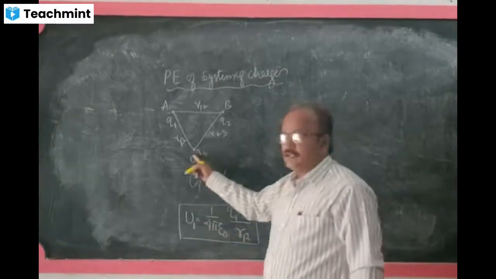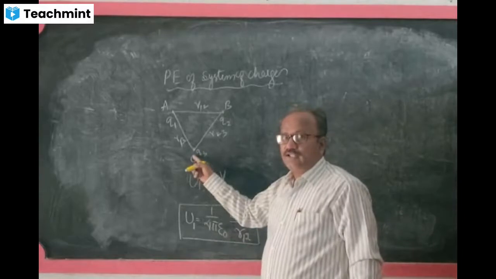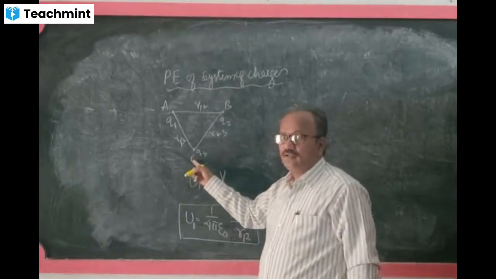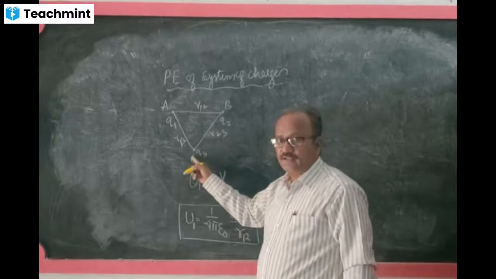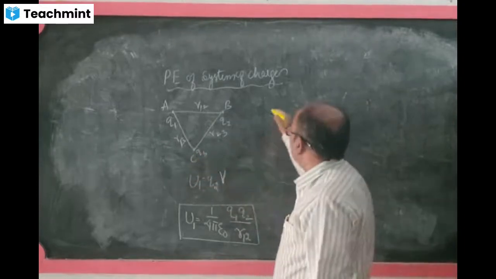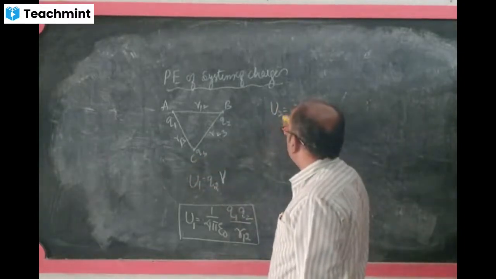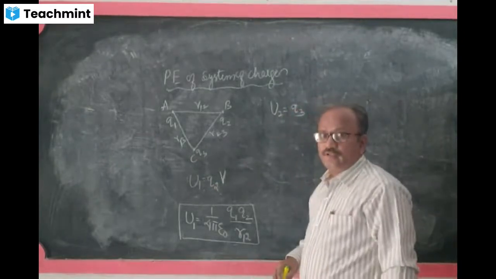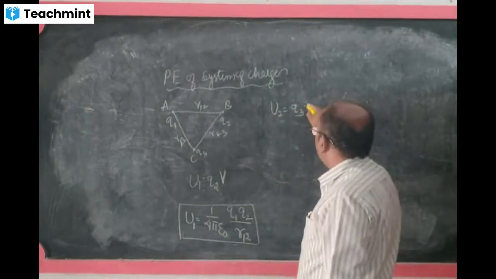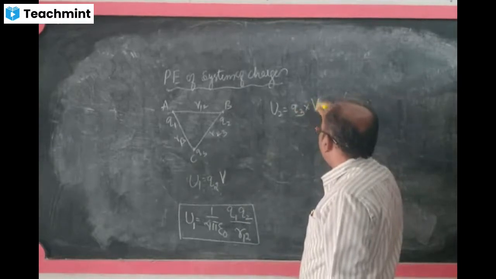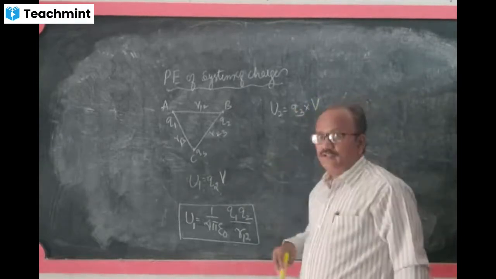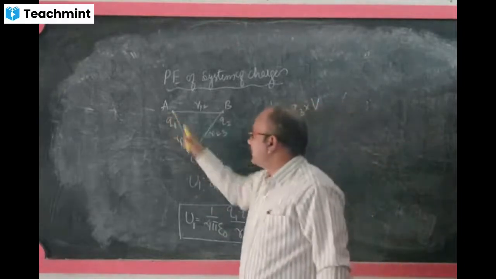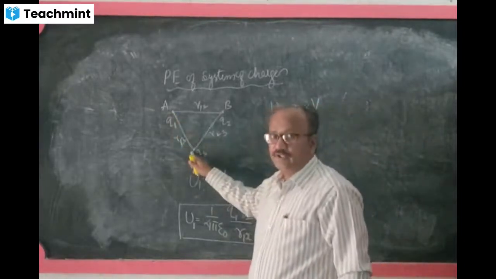Similarly, to write the potential energy at Q3, means at point C, due to Q3, that is U2 is equal to Q3 into V. V means the potential due to these charges at this point.